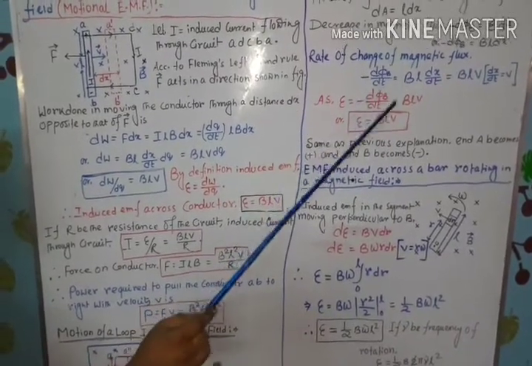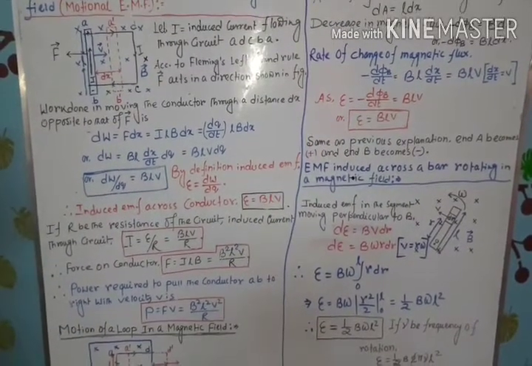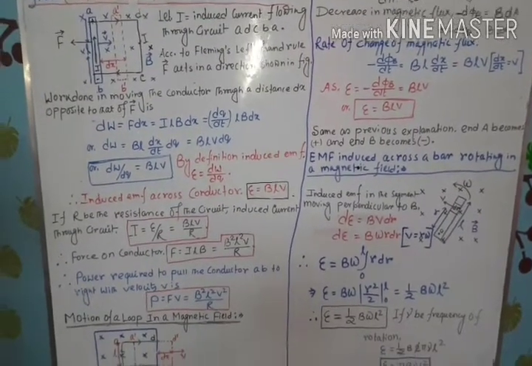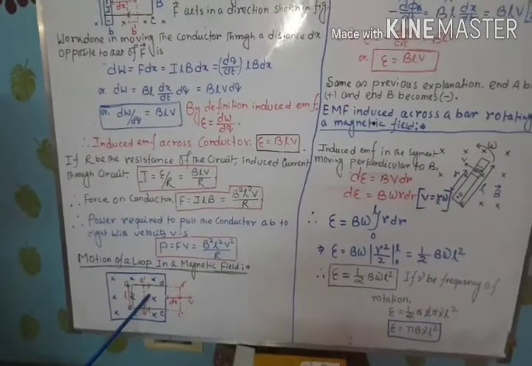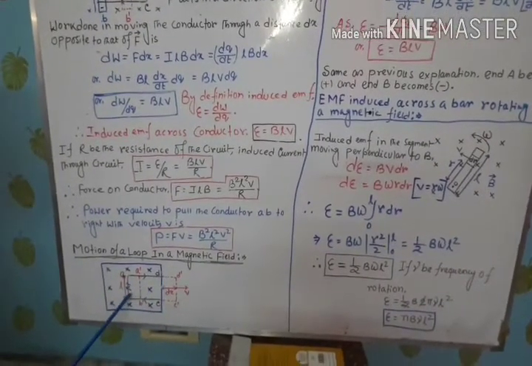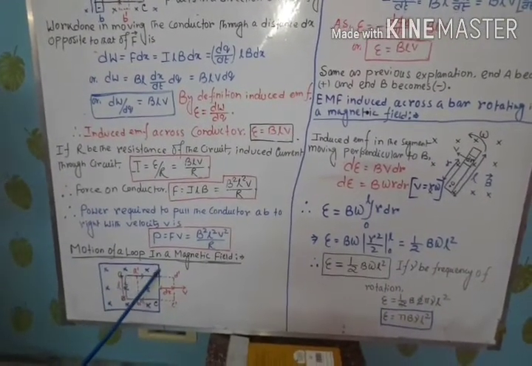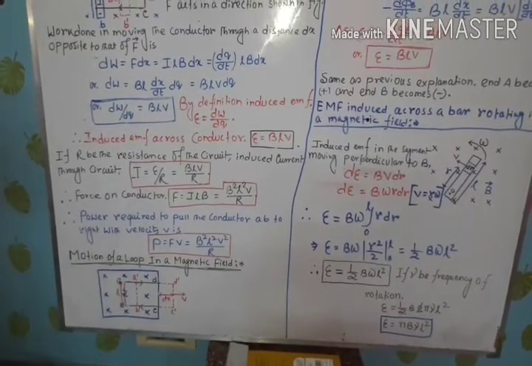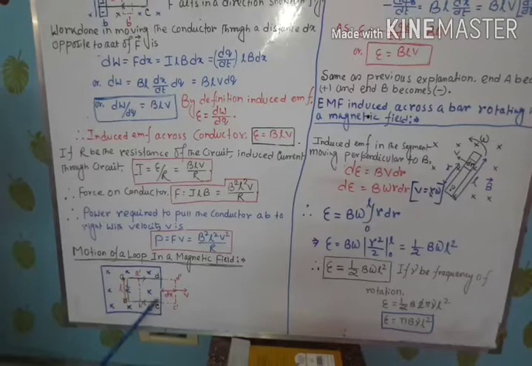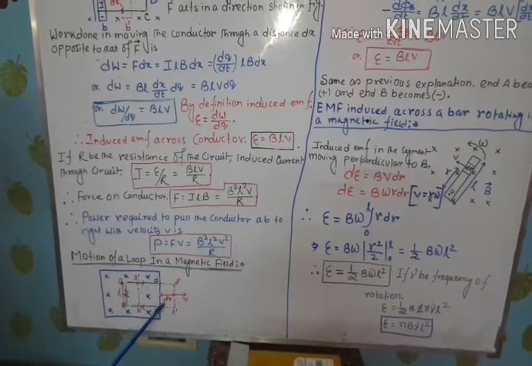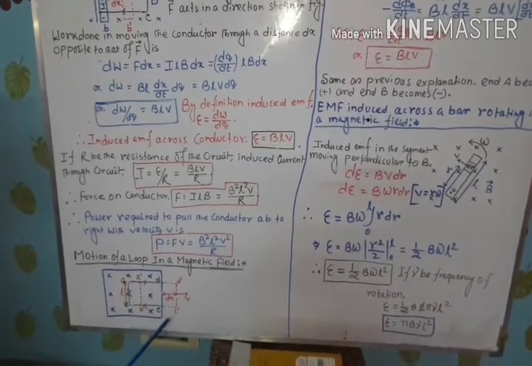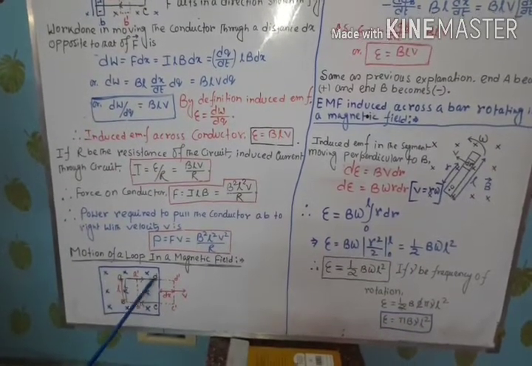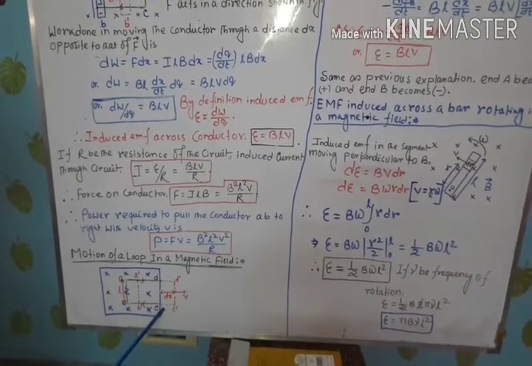So the induced EMF across the loop is also BLV, which is the same as for a straight current carrying conductor. While the expression is the same, you have to know the difference. See the diagram very carefully. Here the loop consists of four conductors AD, DC, CB and AB. For the conductors AD and BC, the electrons are not moving along the length, they are moving along the breadth of the conductors. That's why for these two conductors there will be no induced EMF.